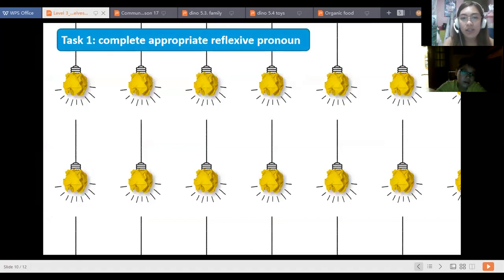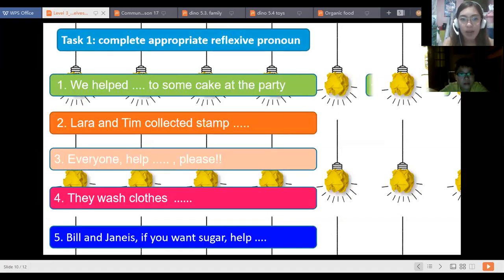So complete the appropriate reflexive pronoun. Okay, can you answer from 1 to 5? We help myself to some cake. Are you sure? Number 1. No. Can you read again with the correct answer?